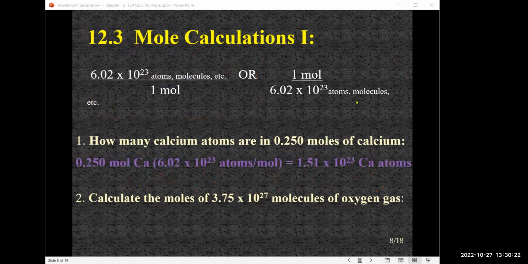And we go through that, we set that up, and you end up with 1.51 times 10 to the 23rd calcium atoms.